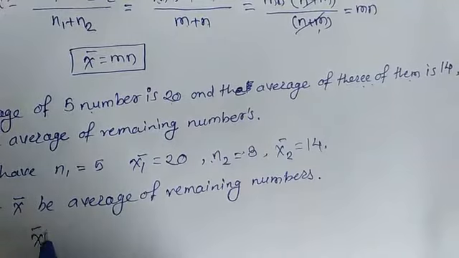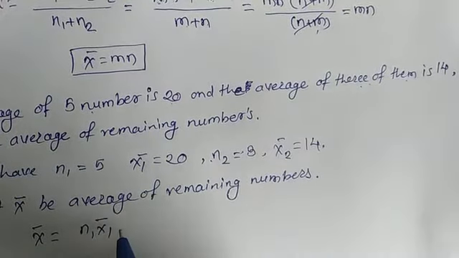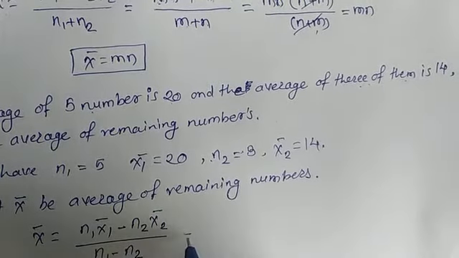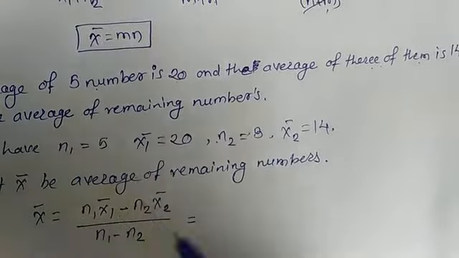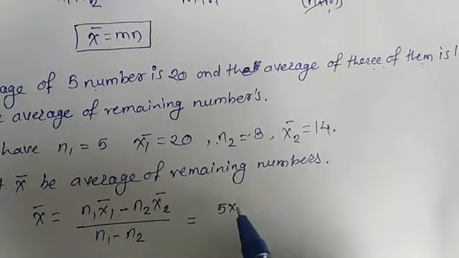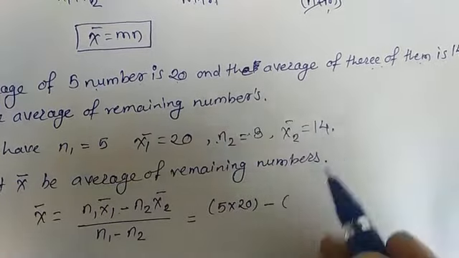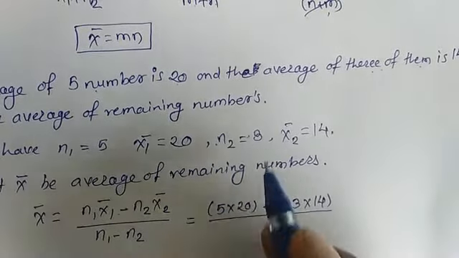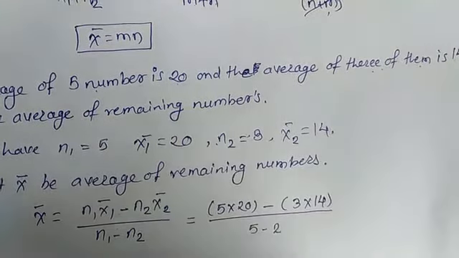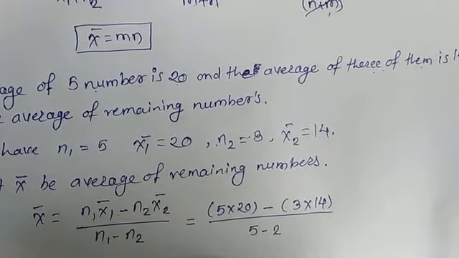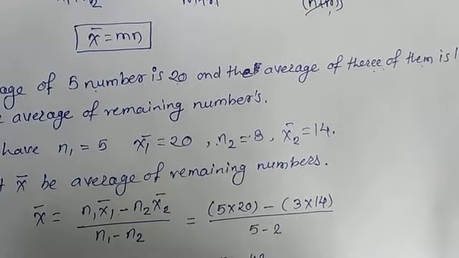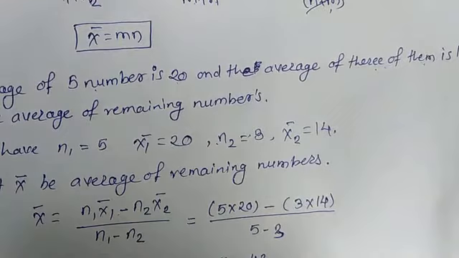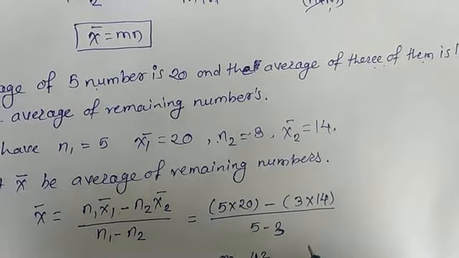okay. So we consider x bar is equal to, here the formula will be n1 x1 bar minus n2 x2 bar divided by n1 minus n2, okay. So here n1 is 5 into x1 is 20 minus n2 is 3 into 14, divided by n1 minus n2, which means 5 minus 3, which is 2, which gives us 100 minus 42 divided by 2.